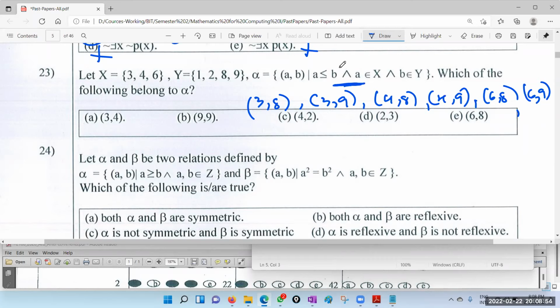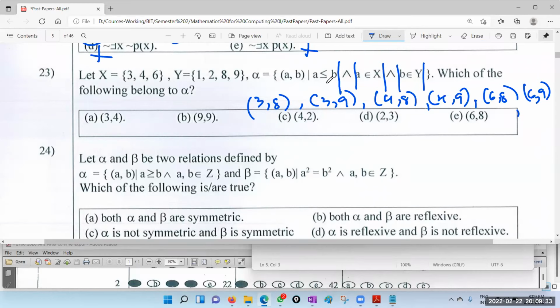No. You have to take this statement, and this statement, and this statement: A is less than or equal to B, and A is a member of X, and B is a member of Y. I think your confusion is that you take it as A is less than or equal to B and A, B and A. No, because you can't say something like B and A. So it must be sets. This is a set, this is a set, this is a set.